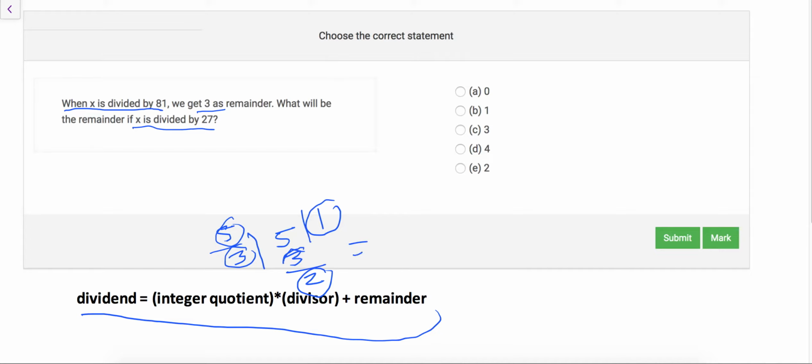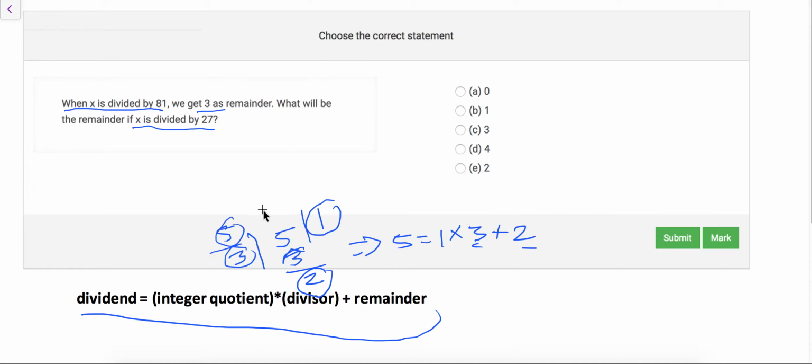So we can write 5 equals 1 into 3 plus 2. This is an example of this formula.